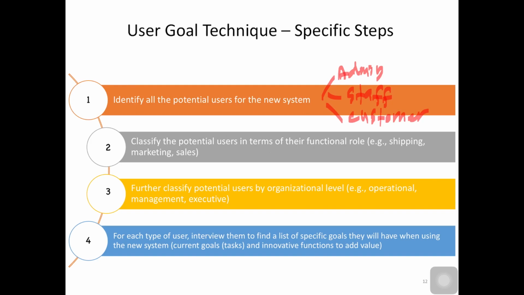What are their functions in that system? Then classify potential users by organizational level. Are they at the operational level, the management level, or the executive level? And for each type of user, interview them to find a list of specific goals they will have when using the new system. What they want to achieve by using our proposed system.